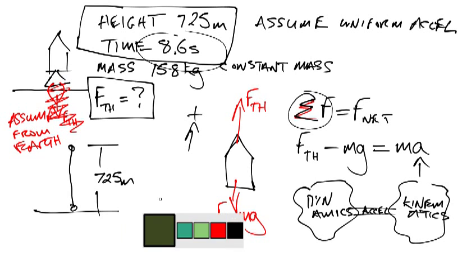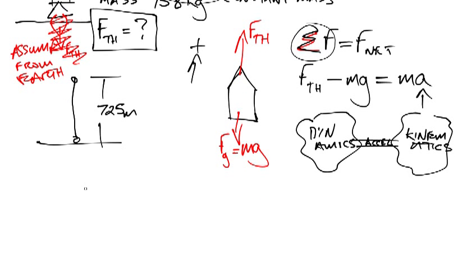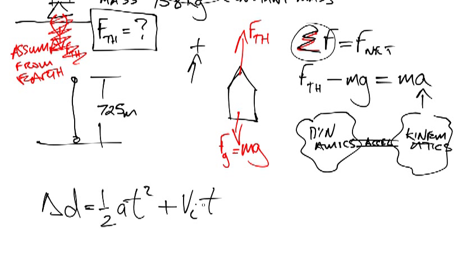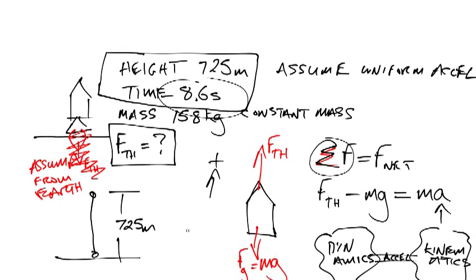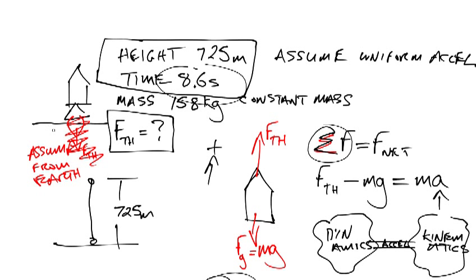So let's move it over here, and let's take a look at this equation: delta d equals 1/2 a t squared plus v_i t. Now, the initial velocity of the rocket on the launch pad, here's another assumption you have to make, is that when it's sitting on the launch pad, the initial velocity is 0 before it blasts off.